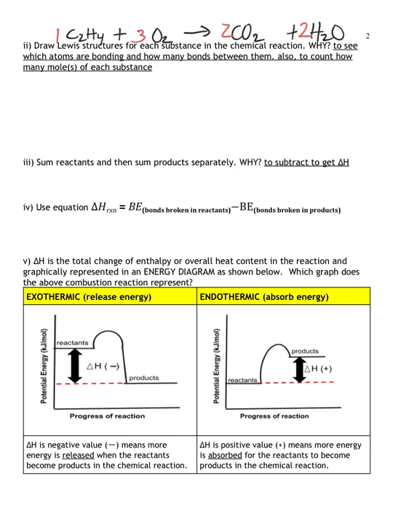So the first substance is C2H4. To draw this substance is to follow your rules for Lewis structure. So there's a little refresher today. We're going to refresh how to draw Lewis structures. So the 2 carbons are going to be your central atoms.